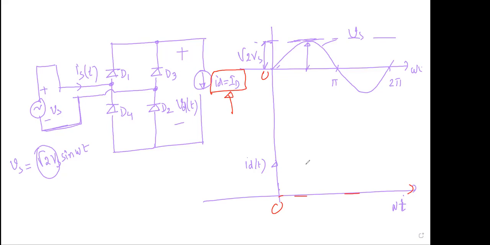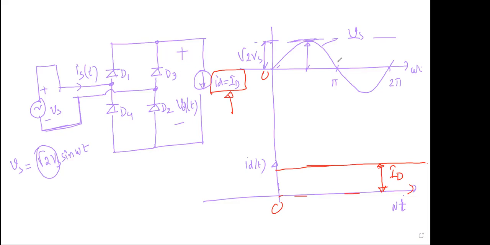I have already plotted it a few moments ago. So it will be a constant current. And what is this value as per the circuit? ID, capital ID. So look here, the current through the load is constant.